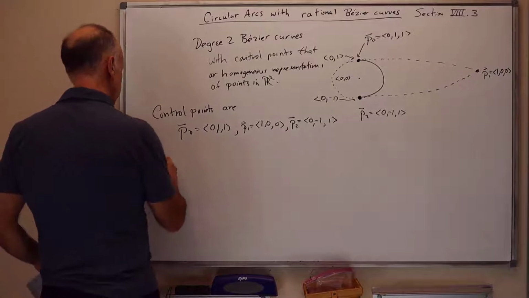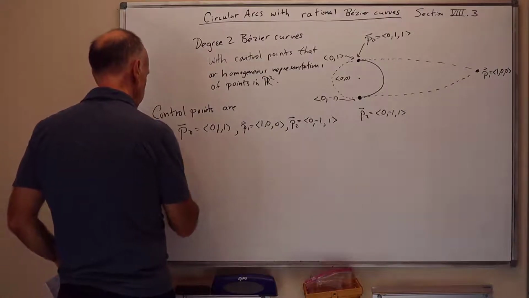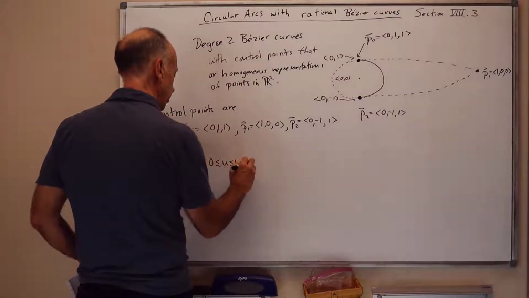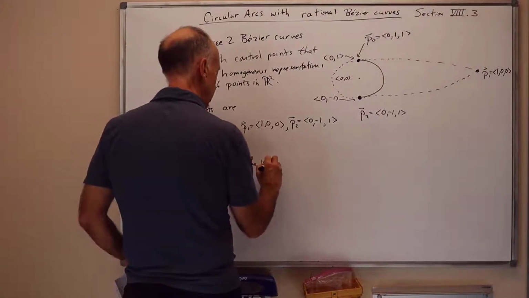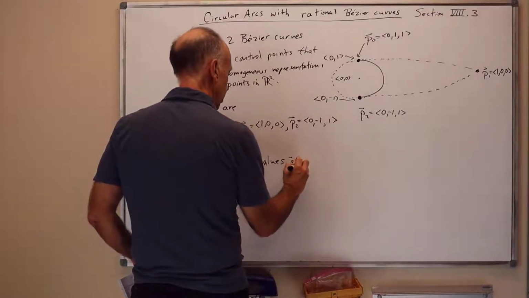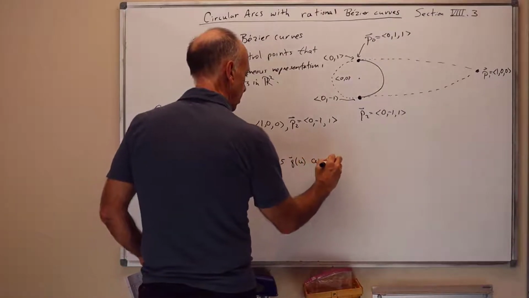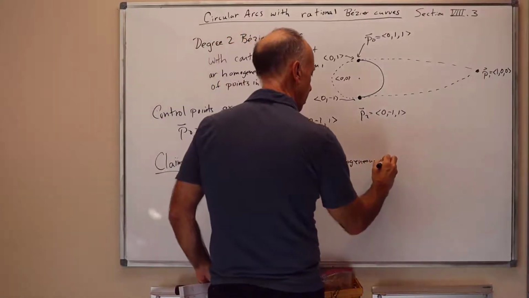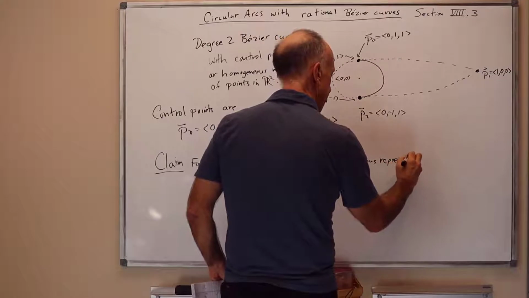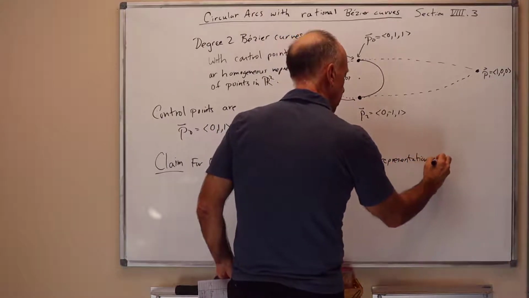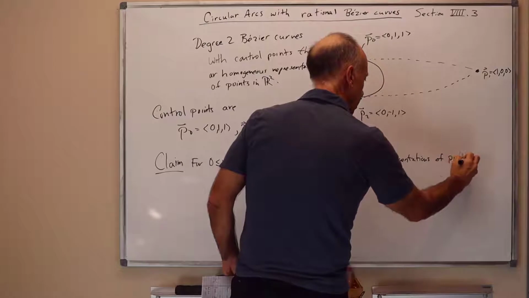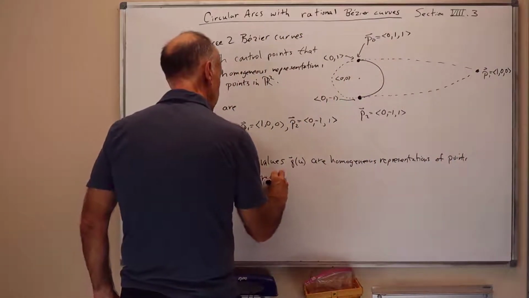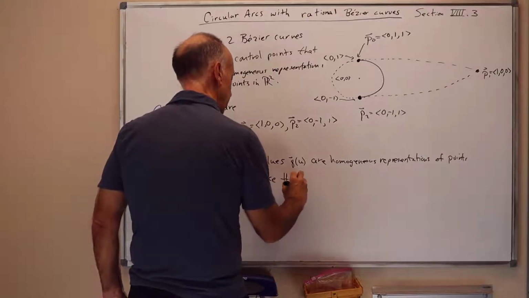So the claim here is that for 0 less than or equal to u less than or equal to 1, the values Q of u are homogeneous representations of points that trace out the unit circle, or the unit semicircle as shown in the picture above.